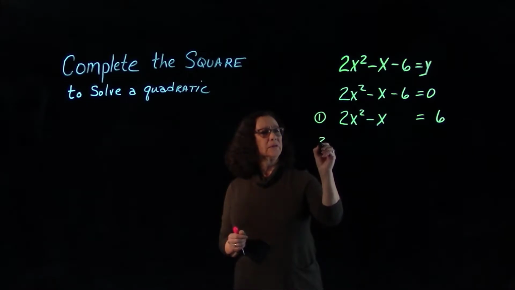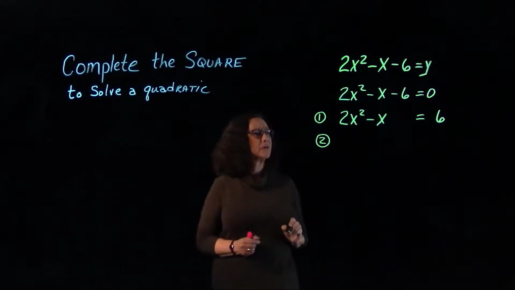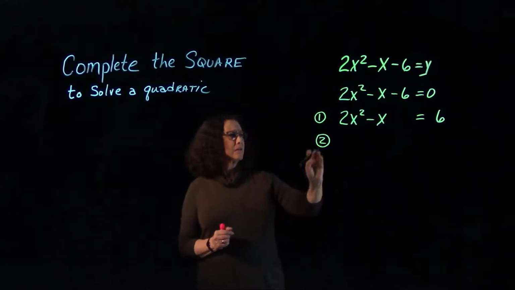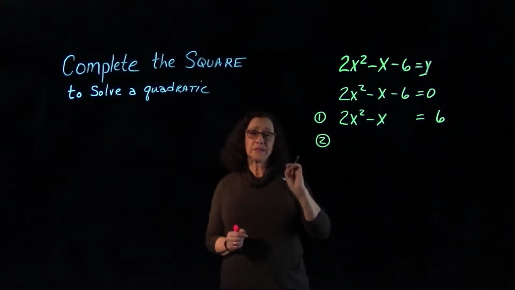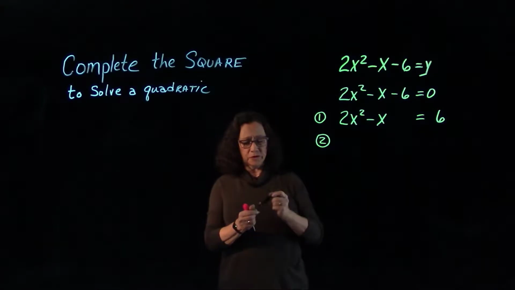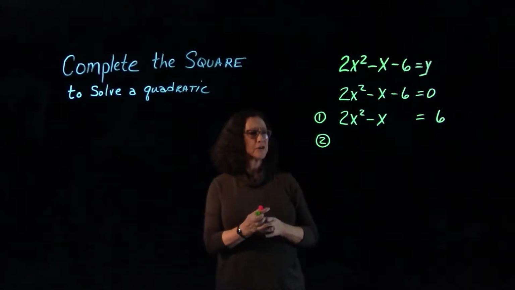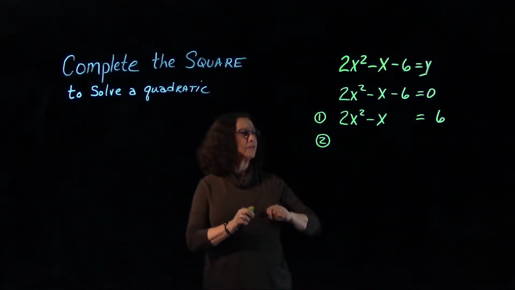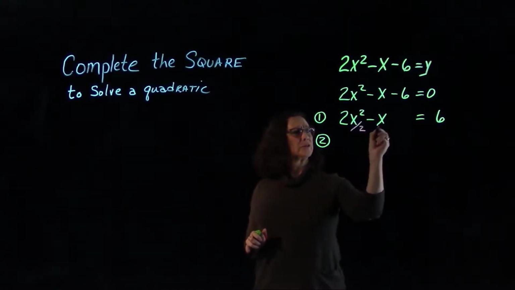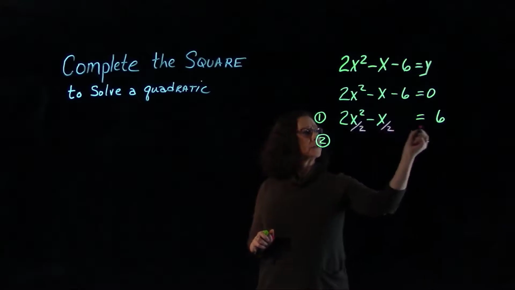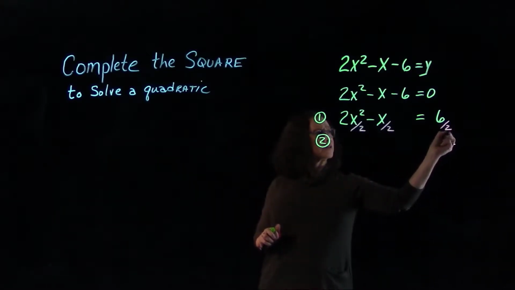Step 2 is going to be the leading coefficient of the x squared. We want that to be a 1. And in order to remove that coefficient, you have to divide every term by 2. So we're going to divide this term by 2, this term by 2, and this term by 2.